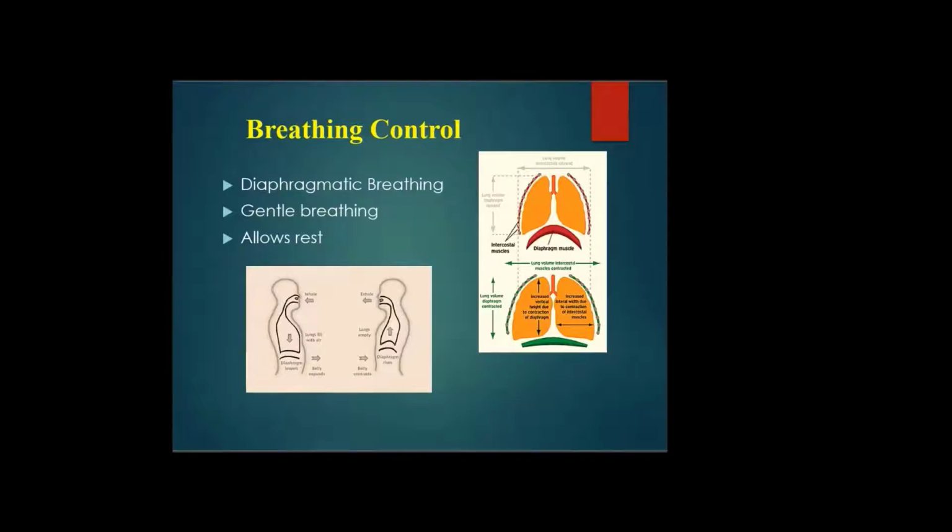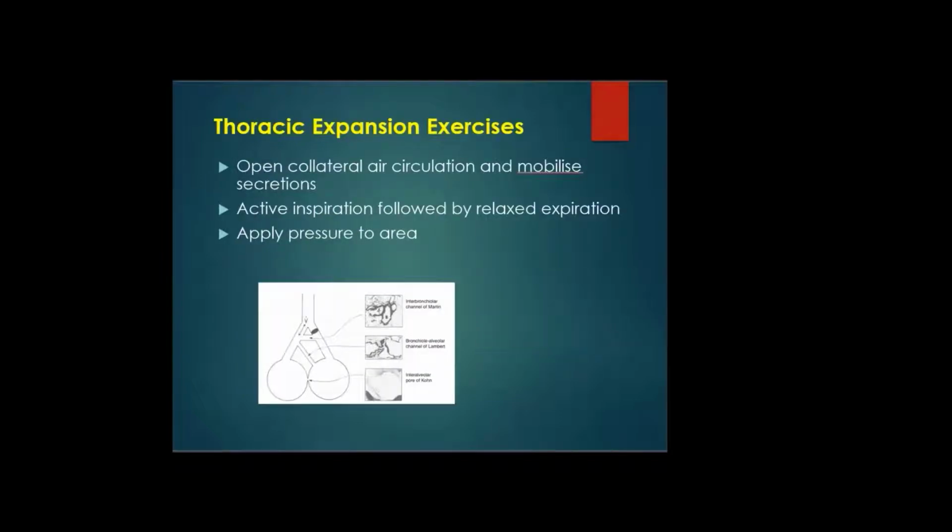Now, thoracic expansion exercises. What happens during these exercises? Now, this is your airway, a very small airway, in the region of the respiratory bronchioles. And then you find that there will be air coming in. If this channel is blocked, how is air coming in going to push out or dislodge this foreign body?